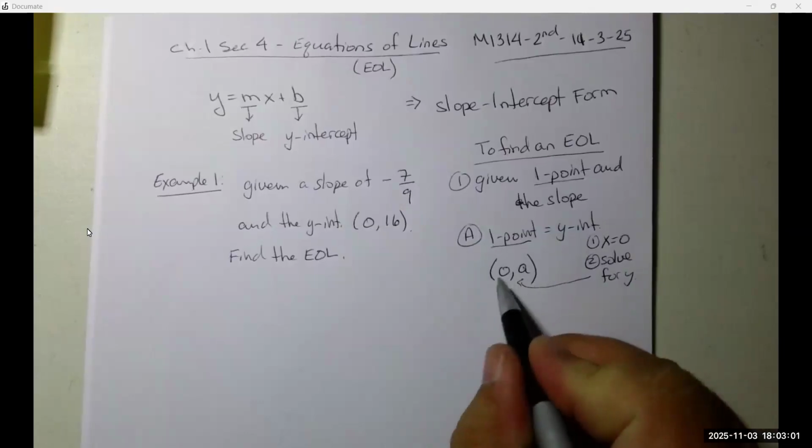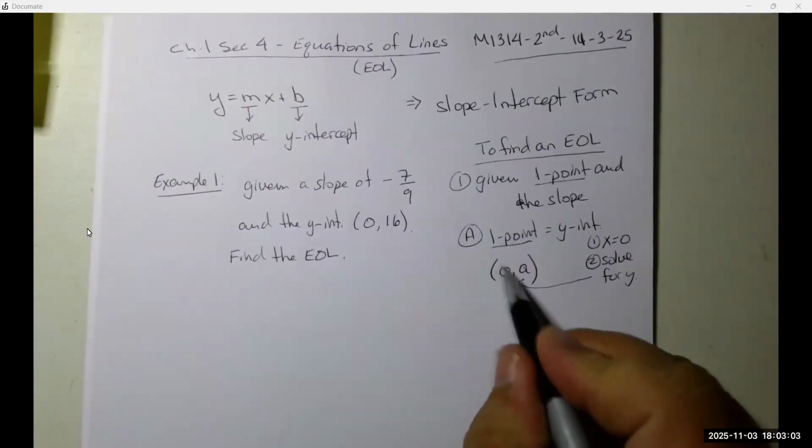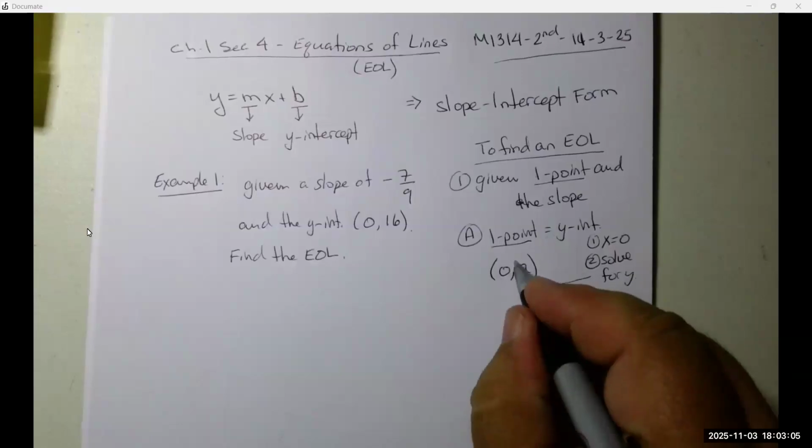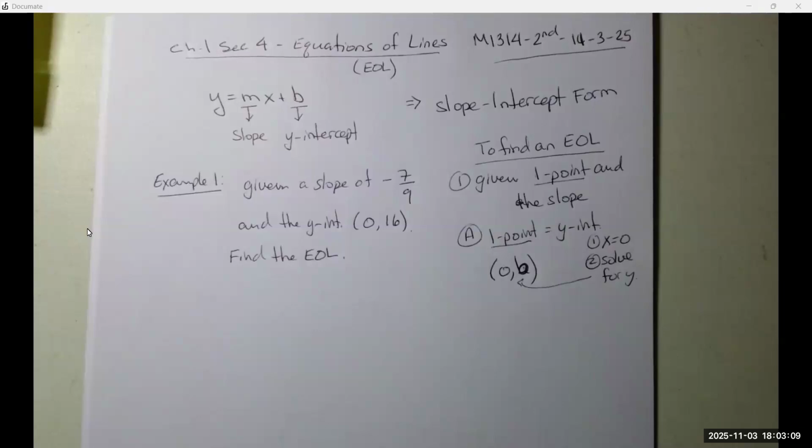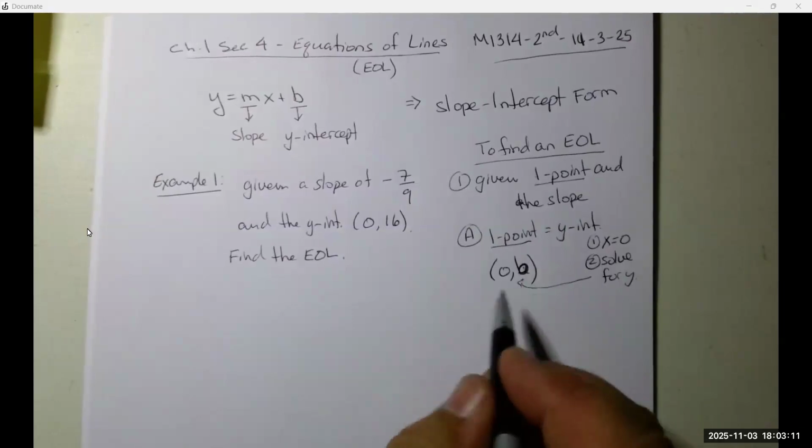Now, instead of writing here where I said a, we call it 0a. Let's call it 0b, because that's exactly the y-intercept.